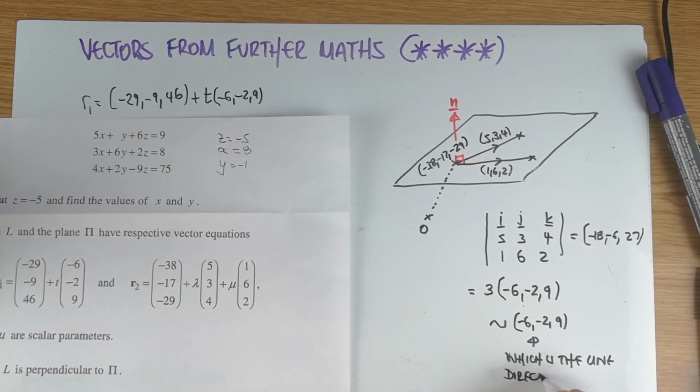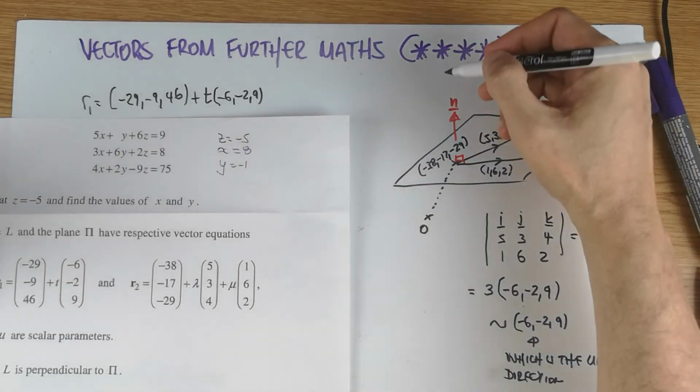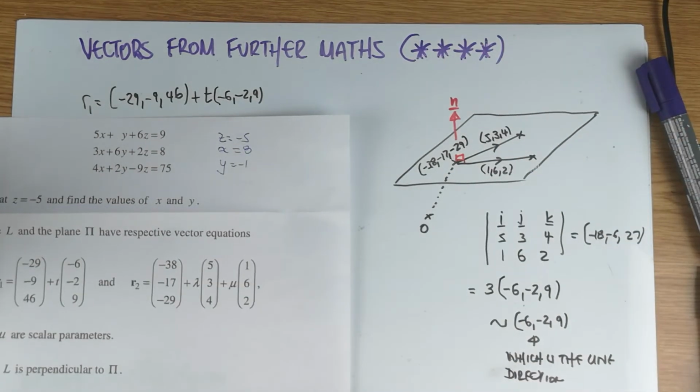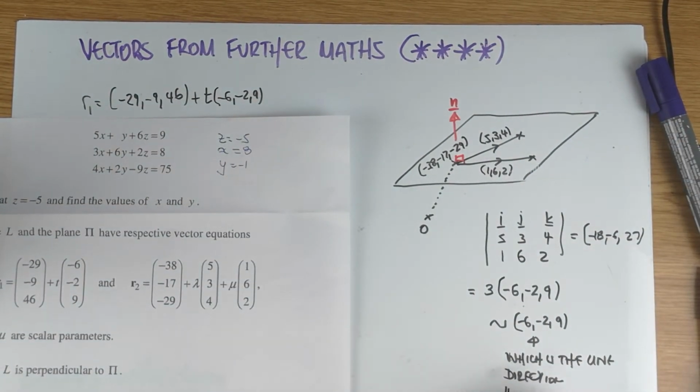Which of course, what does that mean? It means the line and this normal have the same direction. Indeed, L is perpendicular to capital Pi. So this is the second part done.